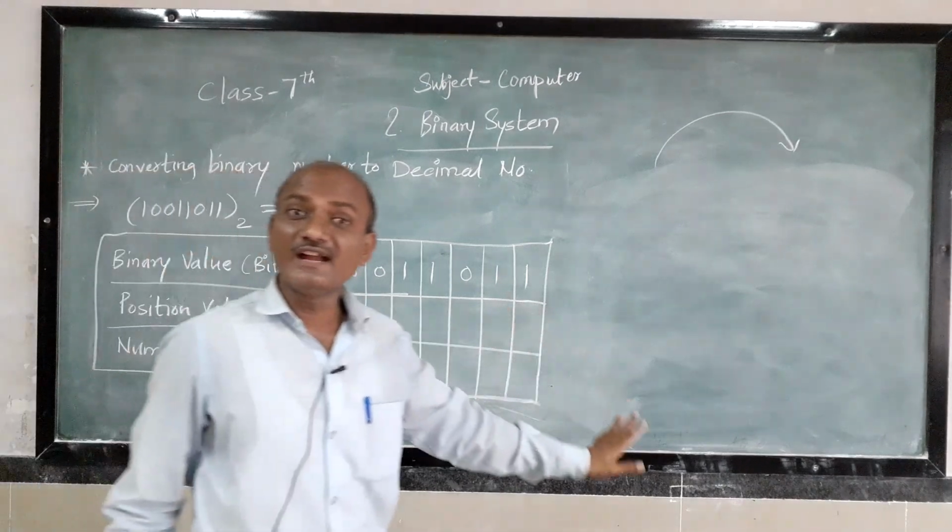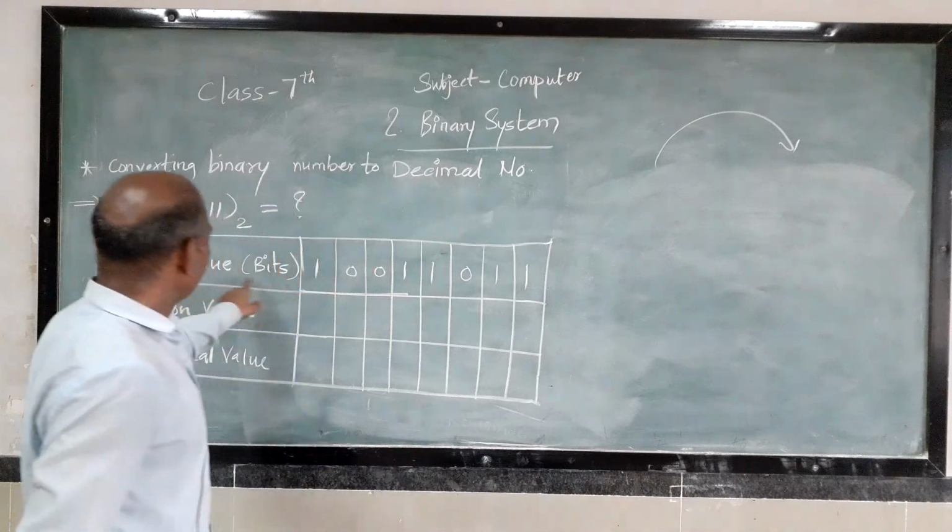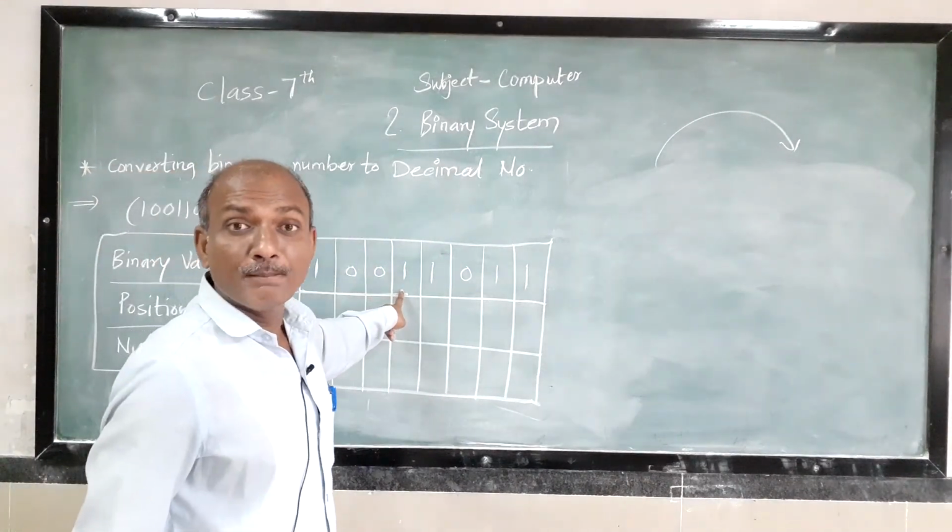In this way you first write the binary digits in the upper row.